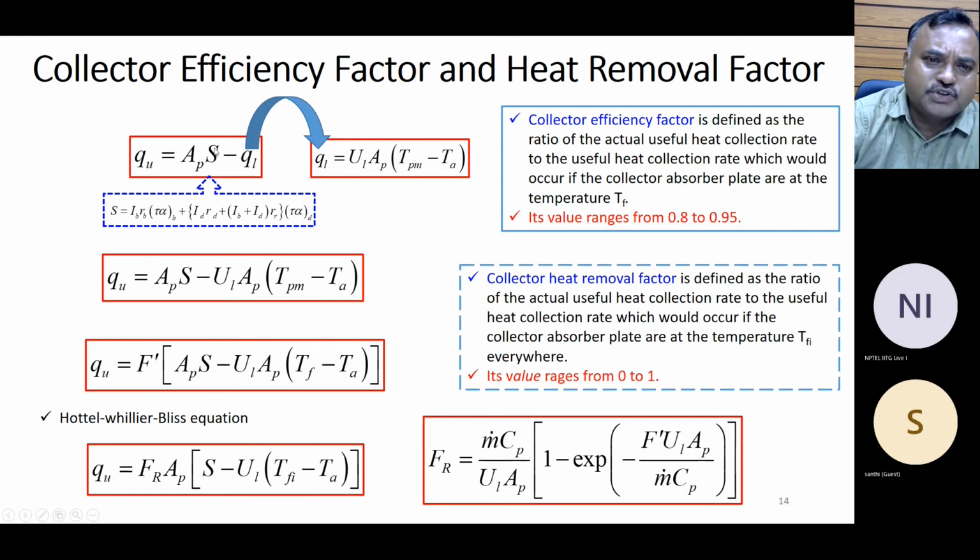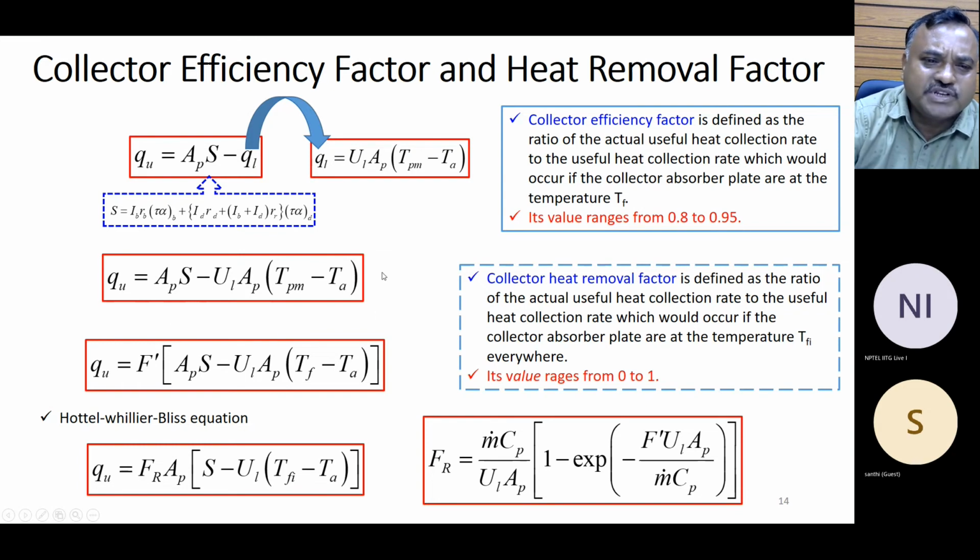If we substitute these values, then we can modify our energy balance equation to something like this. Then further we can modify the expression. Why do we need to do this? Because sometimes this temperature TPM is very difficult to calculate. So our primary concern is to modify this expression so that we can do the calculation very easily.